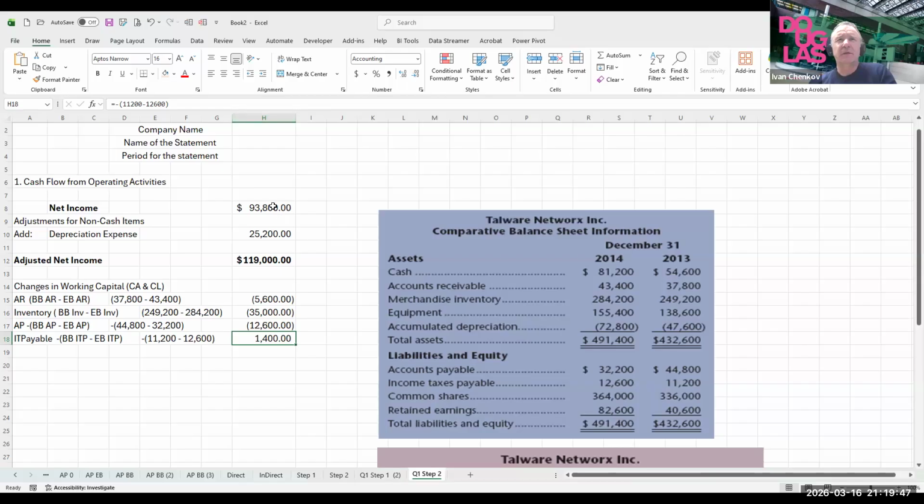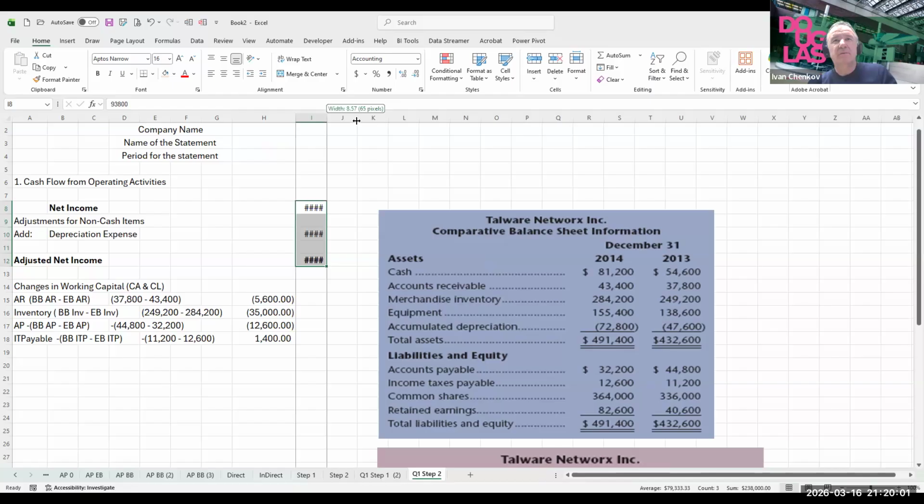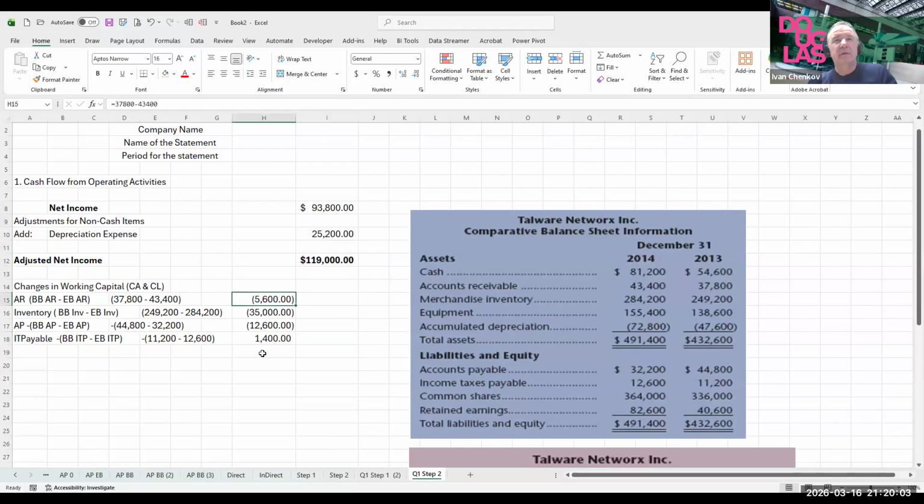So what I can do is cut those and paste them here. Sorry, the cutting should be like this, Control X, Control V, make it wider to get this one. Then I'm going to have my net effect here, which I'm going to move into this column. That's going to give me this calculation here.